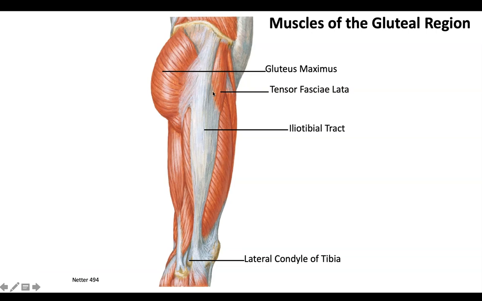It has its distal attachment into the iliotibial tract. The iliotibial tract is a joint aponeurosis formed by the gluteus maximus and the tensor fascia lata, attached distally to the lateral condyle of the tibia. It gives stability to the knee joint during extension.